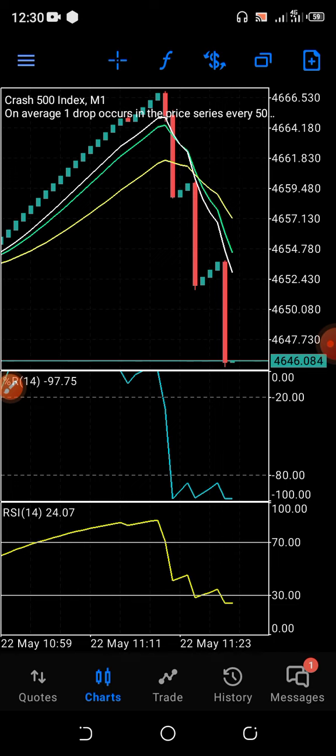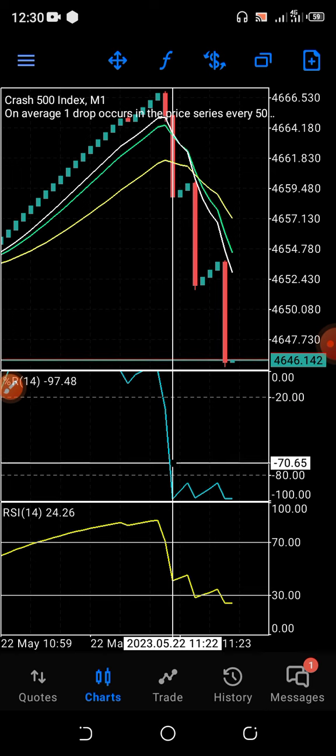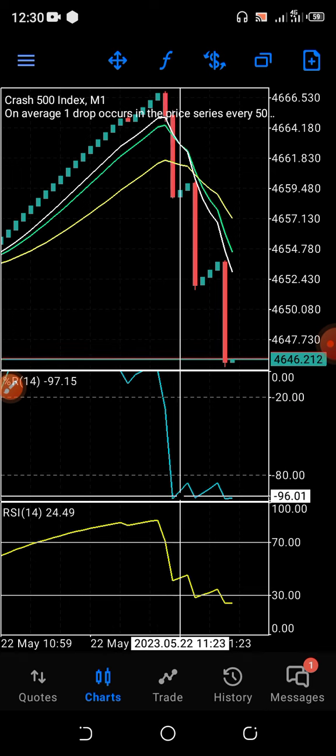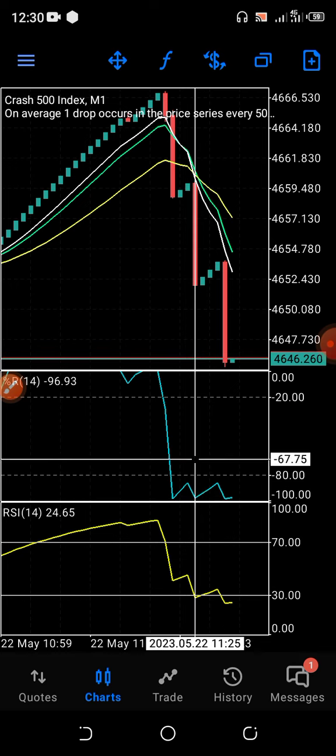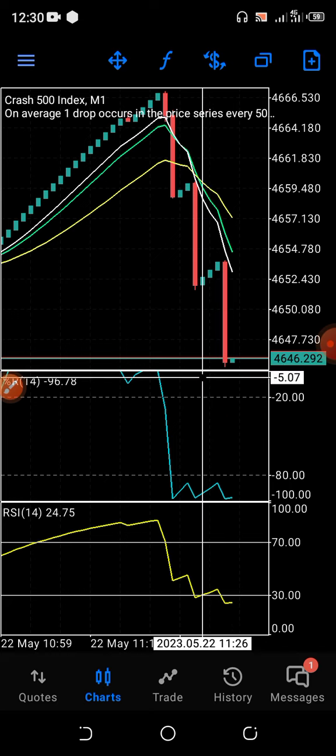So they are different, and look at this here. This one has the power to go and touch the lowest bottom. This one is 100, and this one is 0, and this place is 100.